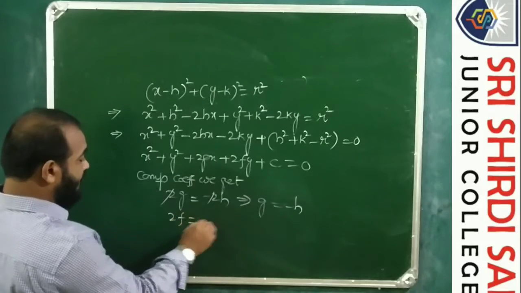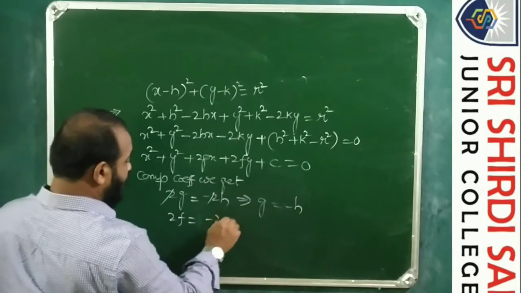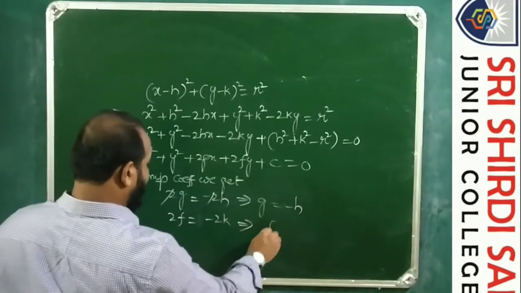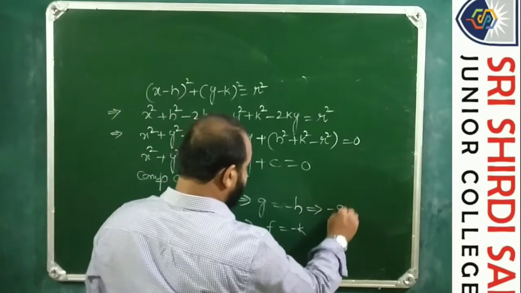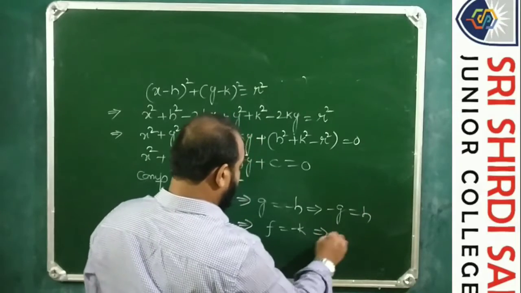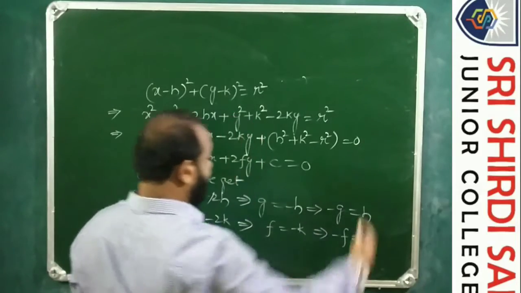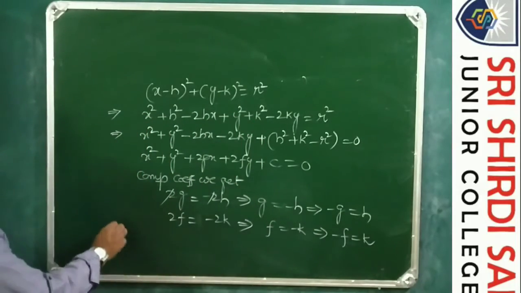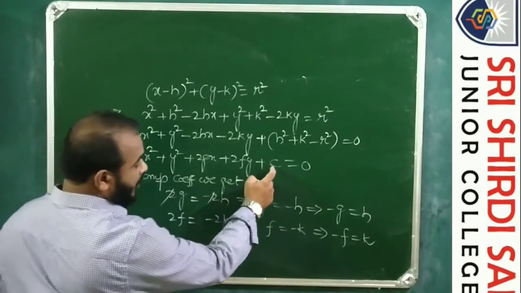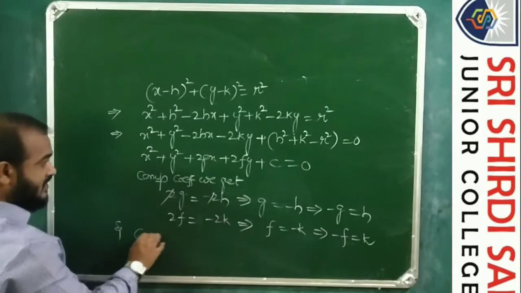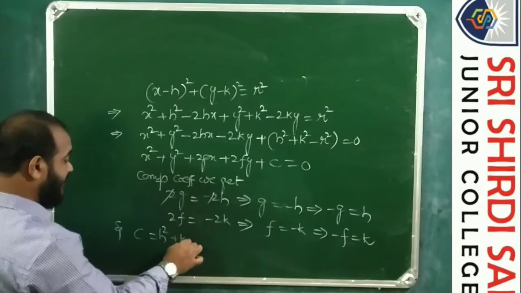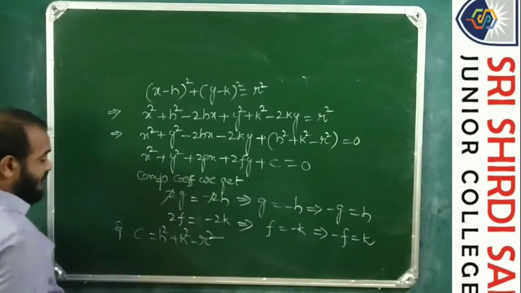Likewise 2f is equal to minus 2k. So f is equal to minus k. From this, minus g is equal to h, minus f is equal to k. And on comparing the constants, c is equal to h square plus k square minus r square.